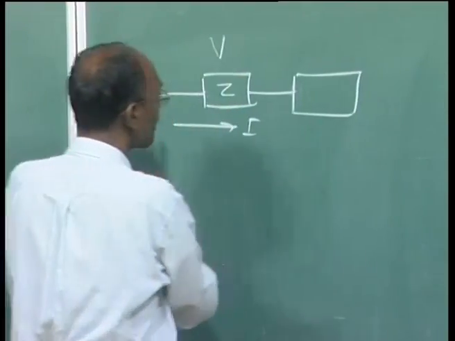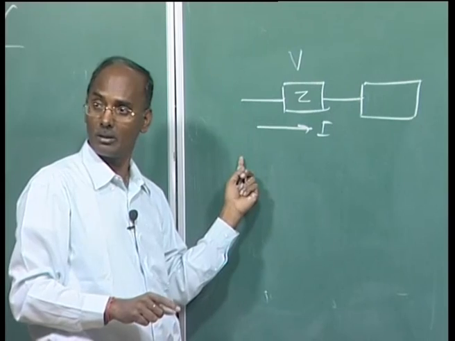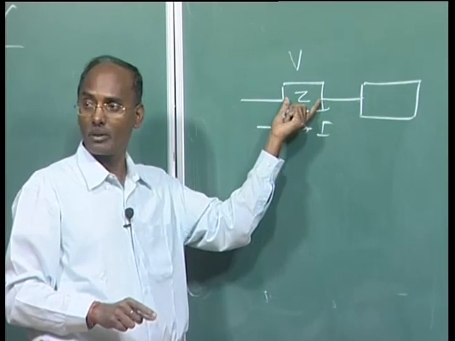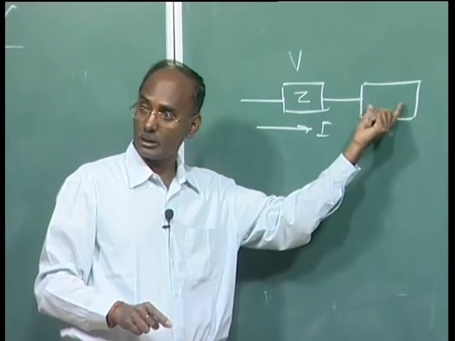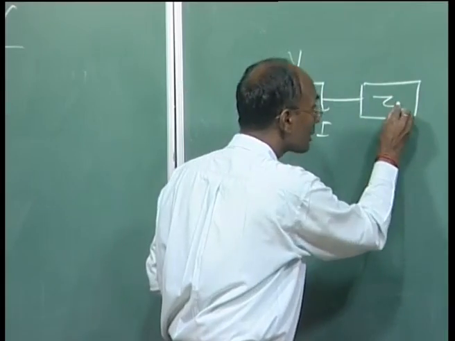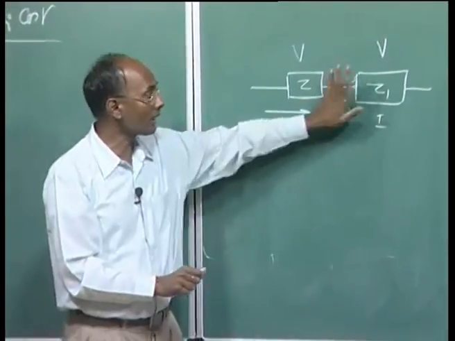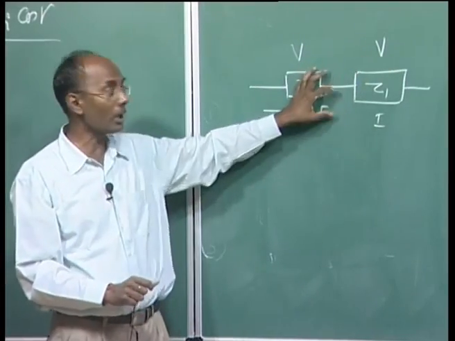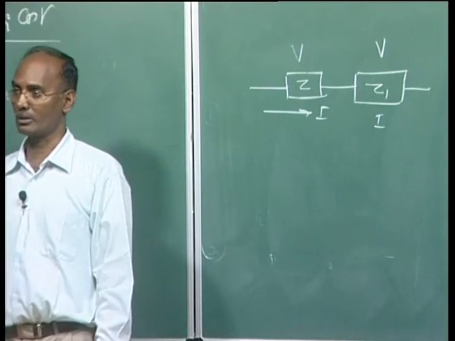The voltage is shared, but this voltage here is still the same, it is not going to change. Even if the other load is not connected, the voltage is going to be the same, because the current I is the same. Whether you connect this load, or that load, or both loads, the voltage and current across the instrument are not going to change.